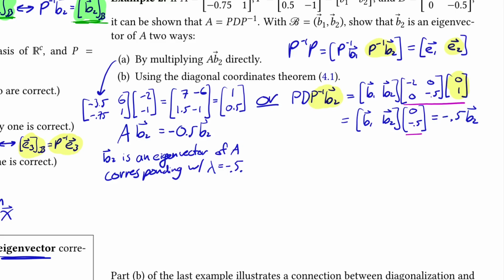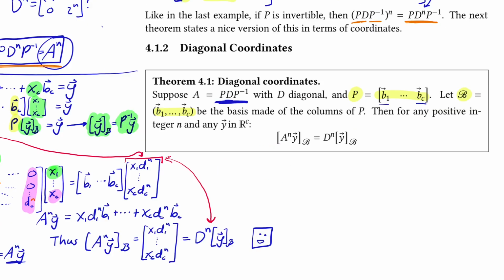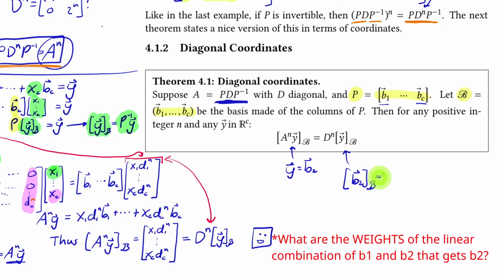Now, let's also see what the diagonal coordinates theorem says about it. Here's the diagonal coordinates theorem. We're going to use, instead of y here, that'll be b2. And we know what the B coordinates of b2 is, because what are the linear combinations of b1 and b2 that get you b2?